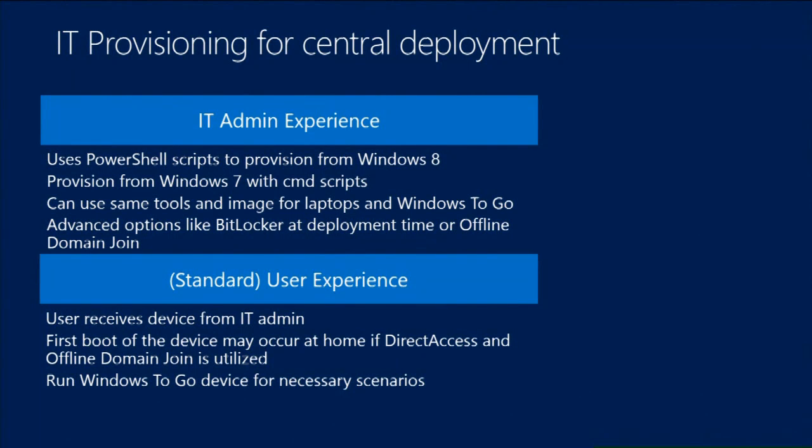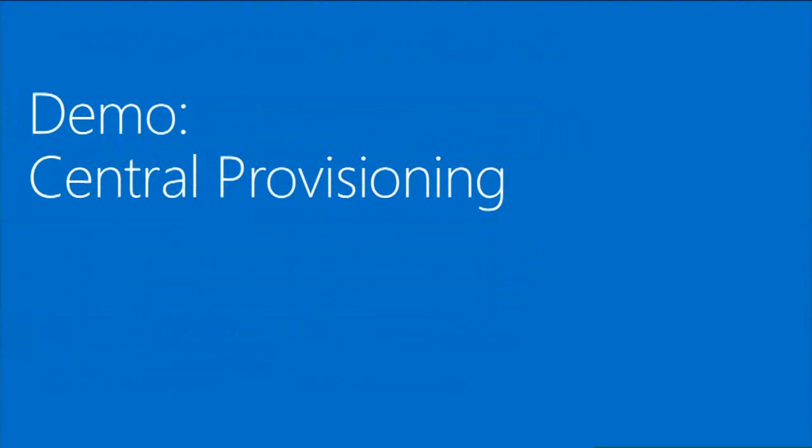Depending on the extent of the PowerShell scripts that you use, if you're using the djoin offline domain join capabilities and DirectAccess on the Windows to Go drive, you could mail a drive to an end user, and they could boot the first time from home, do domain join, save BitLocker keys, and be ready to go. Depends on the extent of what you want to do there. So let's take a look at what that looks like.